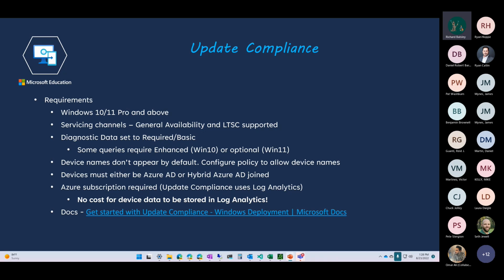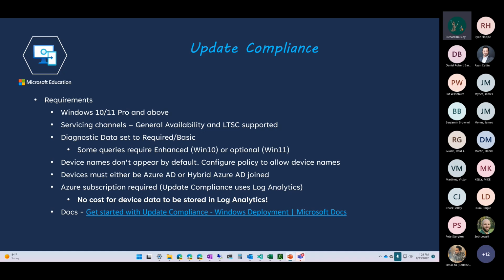And sometimes in machine names, customers will put the person that the machine is issued to in that device name so they know who it is. Some customers don't want to have that data uploaded, and that's perfectly fine. But if you want the device names so you can go and troubleshoot, say, hey, we need to go find this device and fix it, you probably want the name. And so there's a policy for you to set to configure that if you want those.